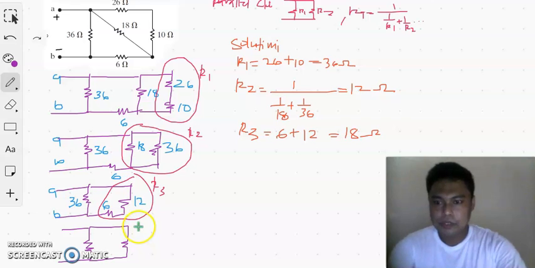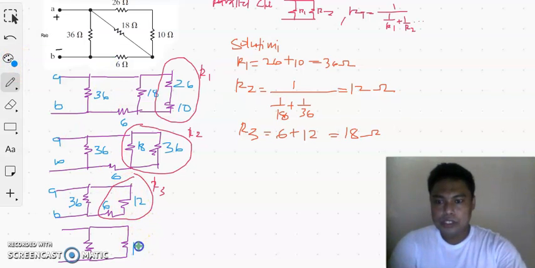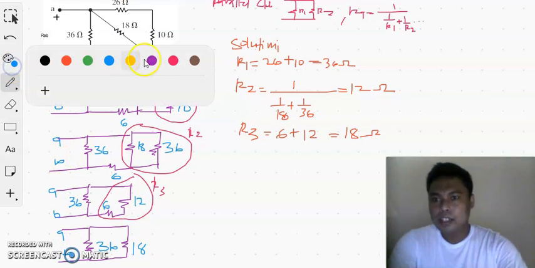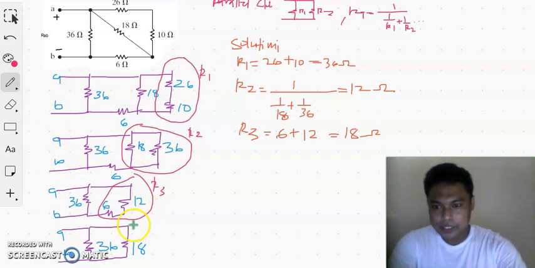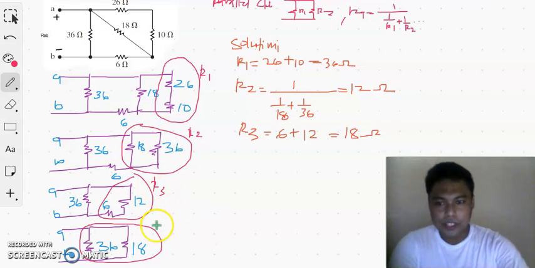So this is 18, and this is 36. This is EB. Okay. Have you observed again on the circuit? In this circuit, they're both connected in parallel, so we can assume it as R4.